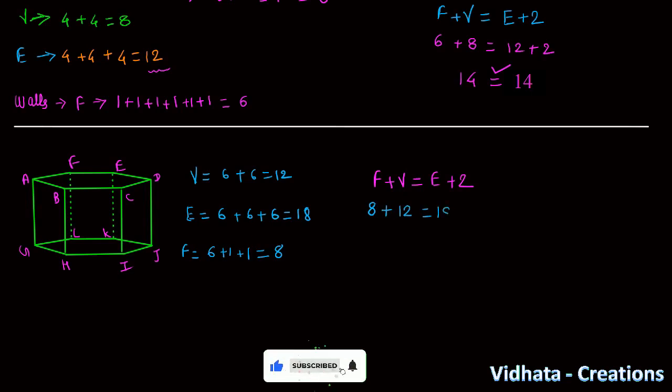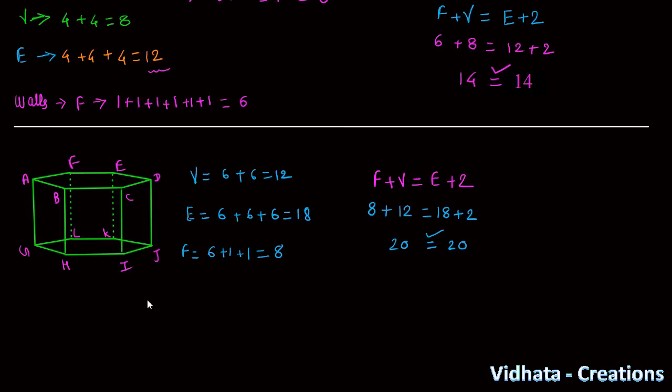There are 18 edges, plus 2. Thus here we get 12 plus 8 is equal to 20, and 18 plus 2 is equal to 20. Got it? Thus, Euler's formula holds good for polyhedra type of figures having flat surfaces and straight edges.